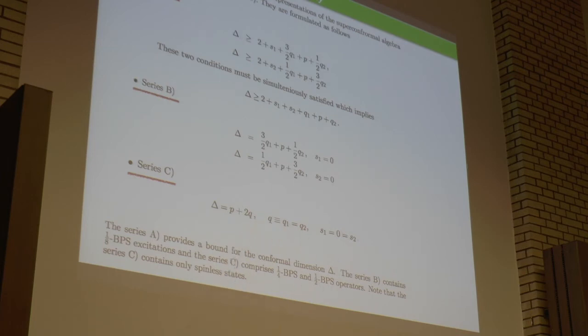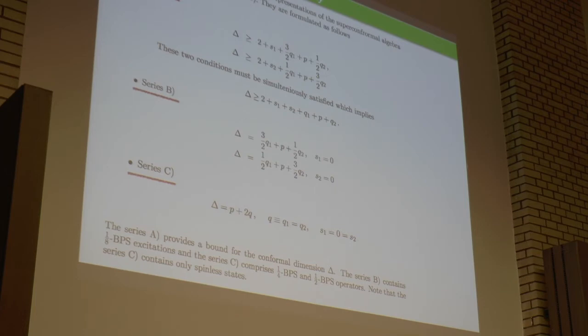Dynkin labels are integers, as you know. It means they cannot depend on the coupling constant, right? And since they cannot depend on the coupling constant, that means the dimension should stay untouched. It cannot change in perturbation theory. It remains one and the same. So these operators are not renormalized, they stay the same.